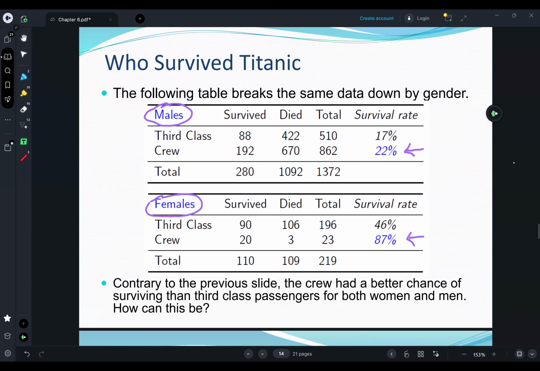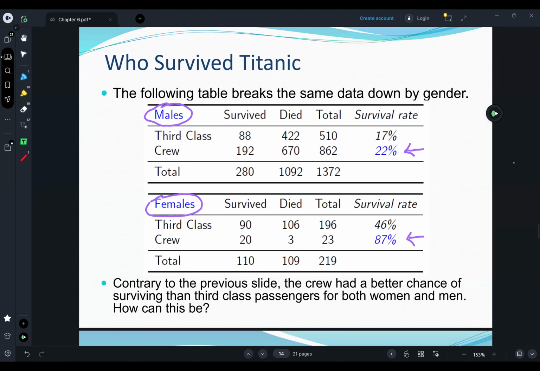So contrary to the previous slide, the crew had a better chance of surviving than third class passengers for both men and women. How did this happen on the Titanic? Anyone?